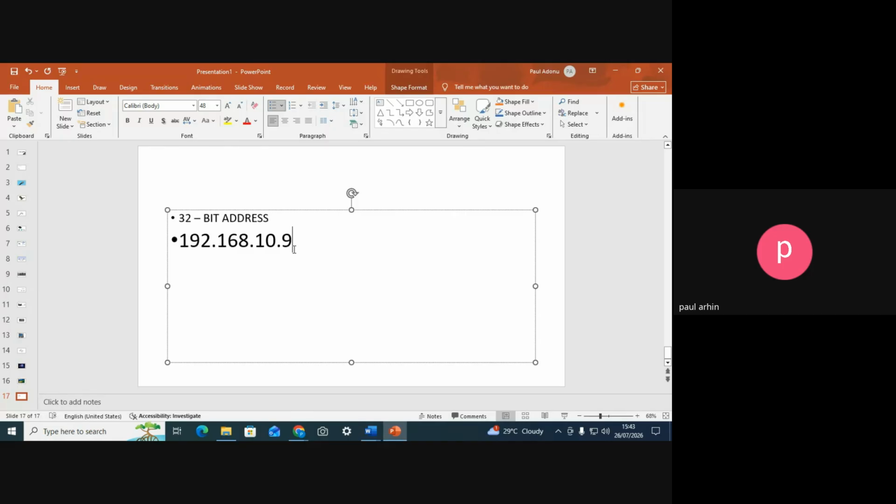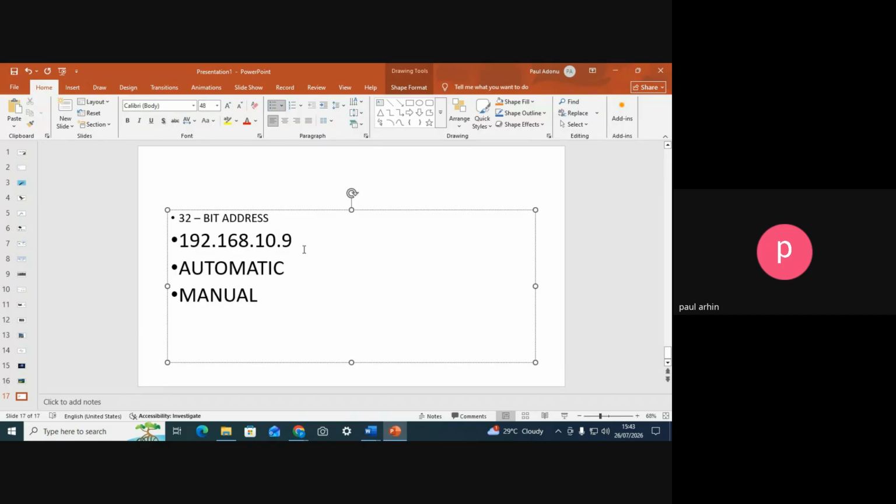Now, there are 2 ways by which we assign IP addresses. It's either by automatic means or by manual means, depending on what you want.